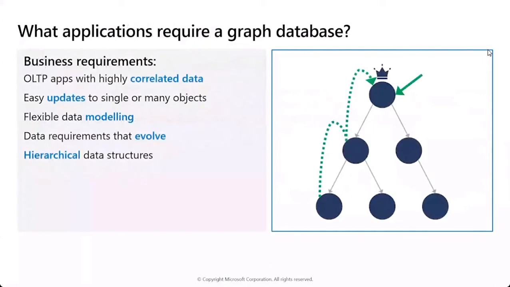With this kind of graph model and database, we can ask questions like, find all the employees who report to the IT manager, for example. Or we can ask questions like, find out who works in the same department as me. For large graphs with lots of entities and relationships, you can perform these very complex queries quite quickly.